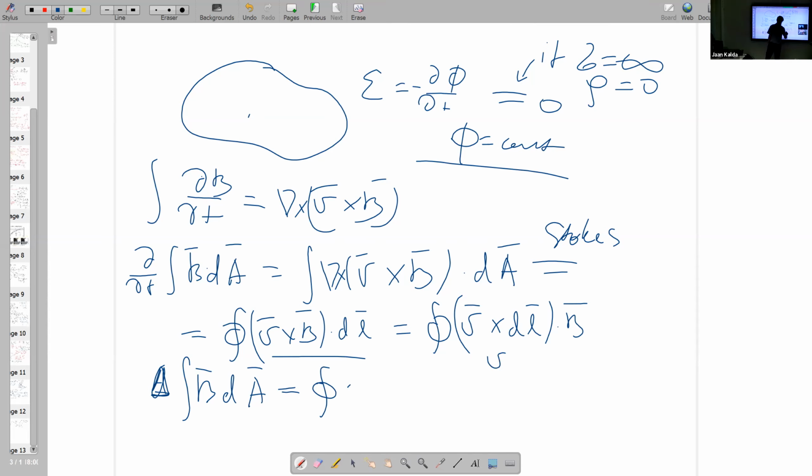But v delta t is the displacement of that material line, equal to delta r. It's the displacement of the material line over there. And so this becomes the displacement of the material line delta r cross dl, minus, sorry, minus, and then cross dl and dot B.